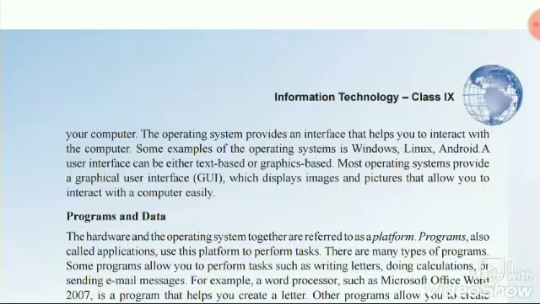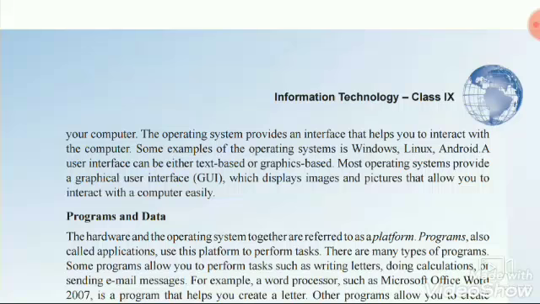Some examples of operating systems are Windows, Linux or Android. A user interface can be either text based or graphics based. Most operating systems provide the graphical user interface, GUI, which displays images and pictures that allow you to interact with a computer easily.